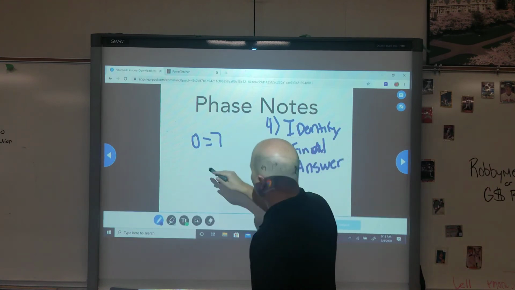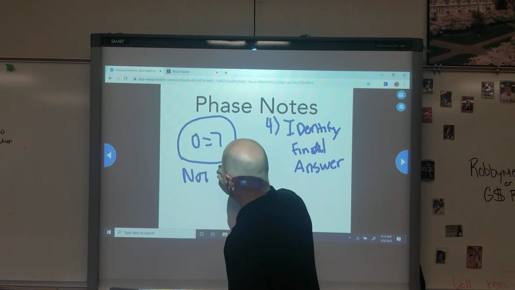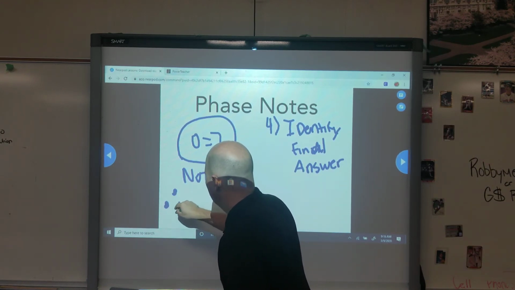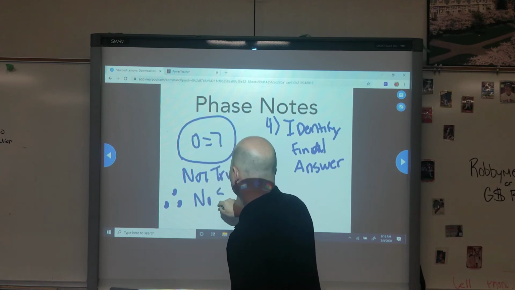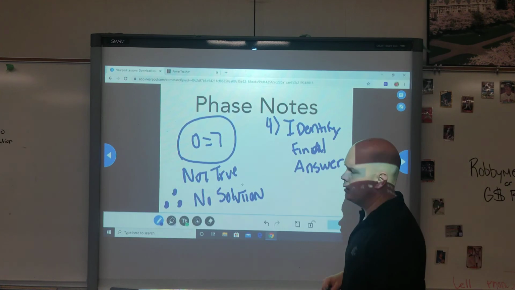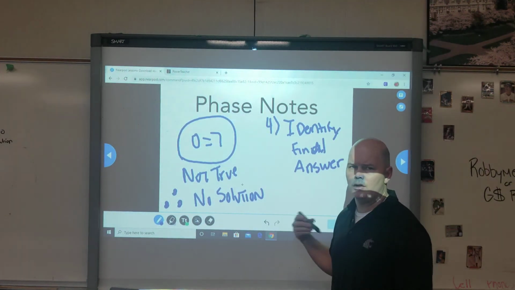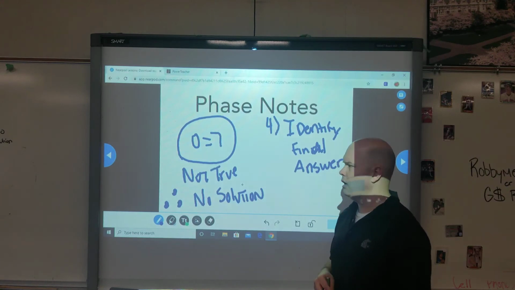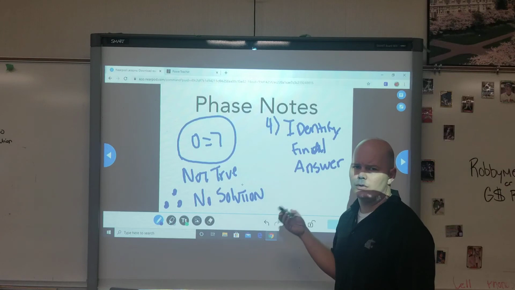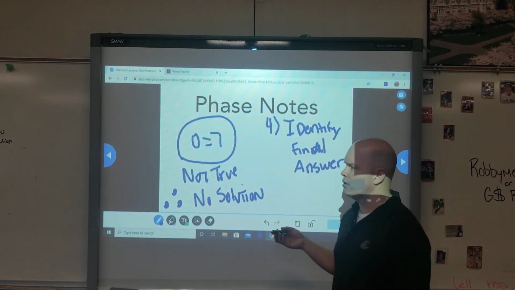In this case, 0 equals 7 is not true, therefore no solution. And that's what that means. If you ever get to the end and your x's cancel out, and you're left with something that doesn't make sense, like 0 equals 7 or 2 equals 5, it means it's not true, so there's no solution.